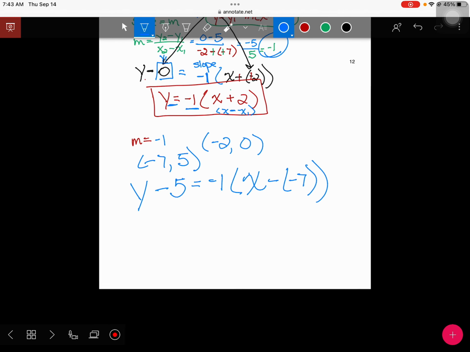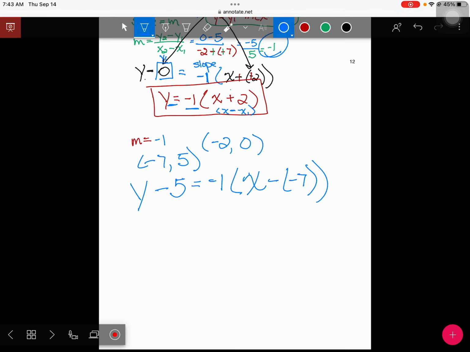I'm going to go down again. So simplifying it, cleaning it up just a little, you cannot subtract a negative. So that's going to change to adding the opposite. And your answer would be y minus 5 equals negative 1 times x plus 7.